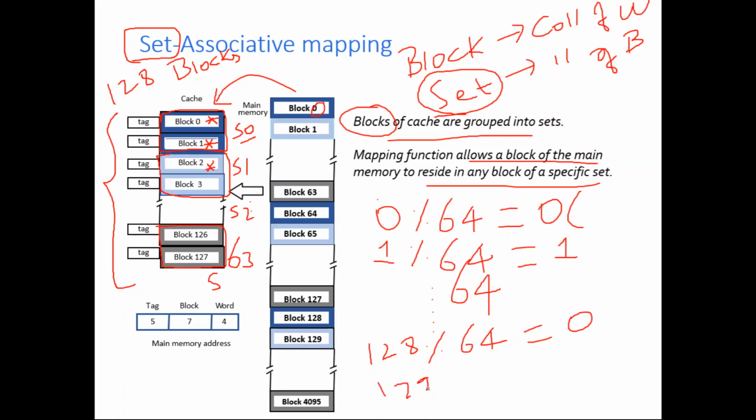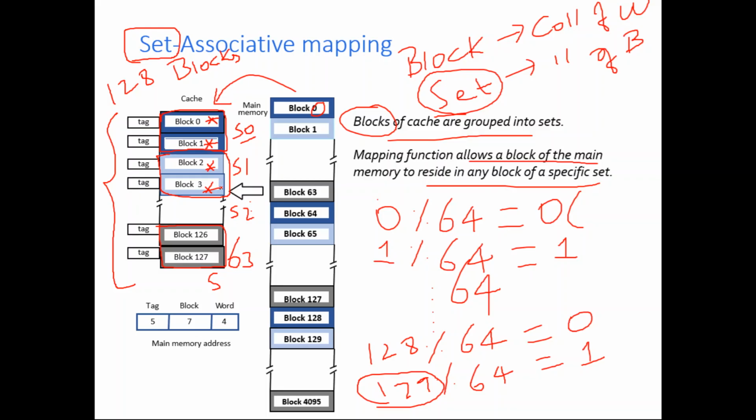When you perform modulo division on 129 with 64, you will get 1. So the result is set 1. That means block 129 of main memory can go to set 1. In set 1 there are 2 blocks, block 2 is already occupied, so it will take block 3. So this is the overall logic.